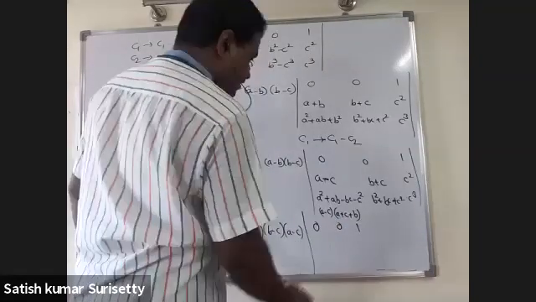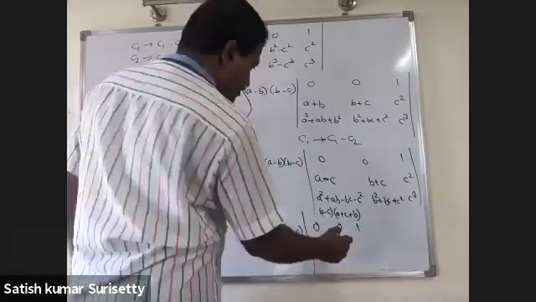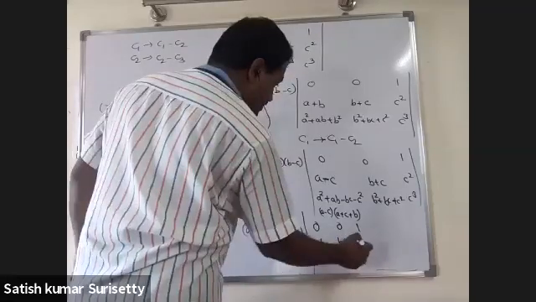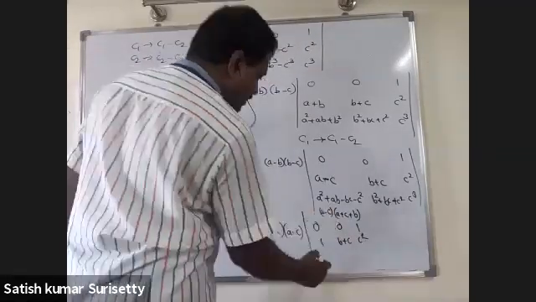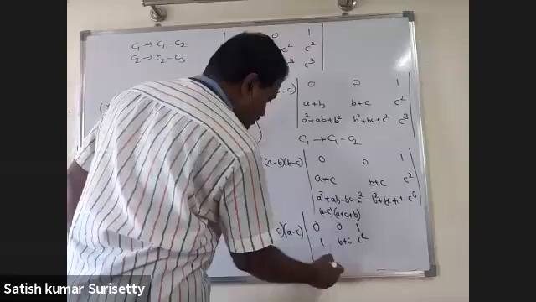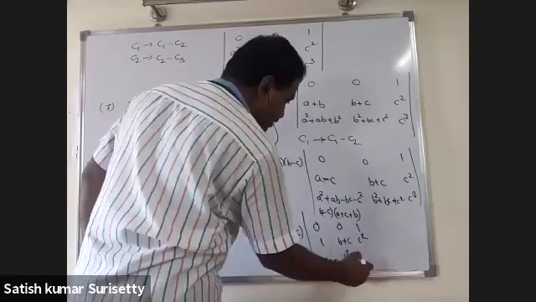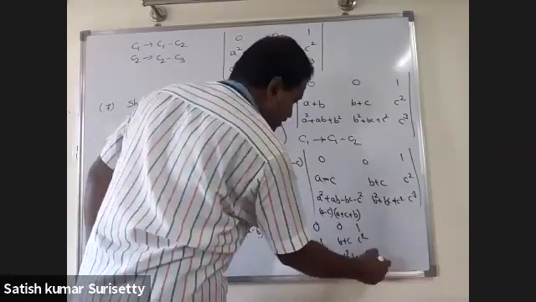Now here it is 1. Now this will be B plus C as it is, C square. Now here A plus B plus C, B square plus BC plus C square, C cube.